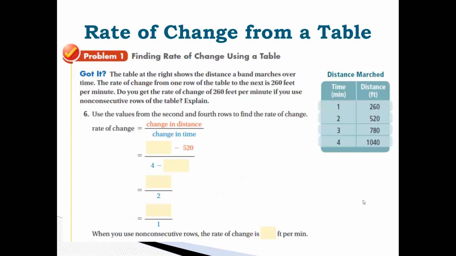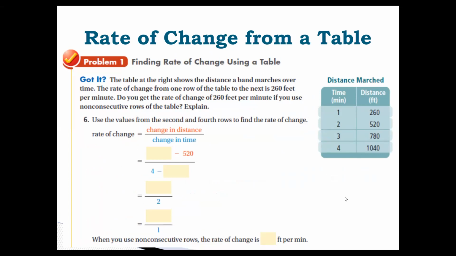Another way that we have to be able to find slope, and here's another way that slope is described. It's described as a rate of change. Can you think of any examples in your life where rate of change is involved?